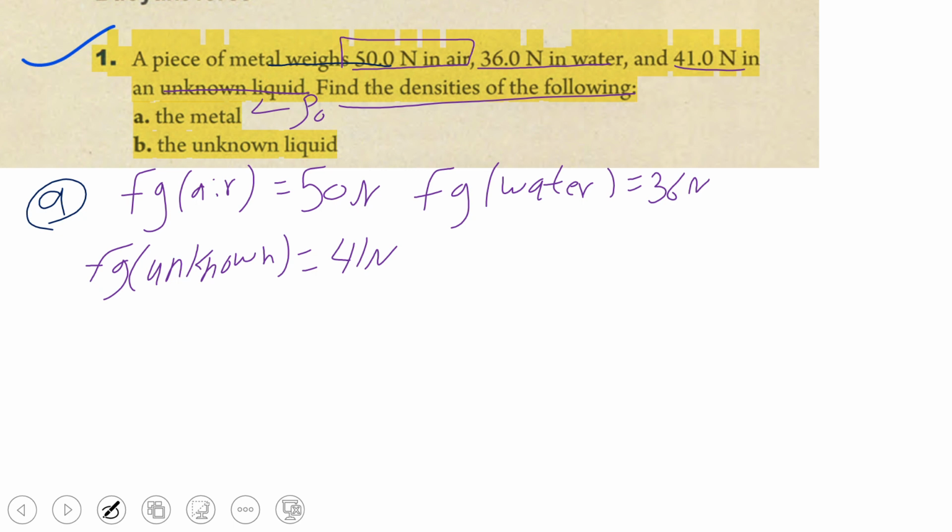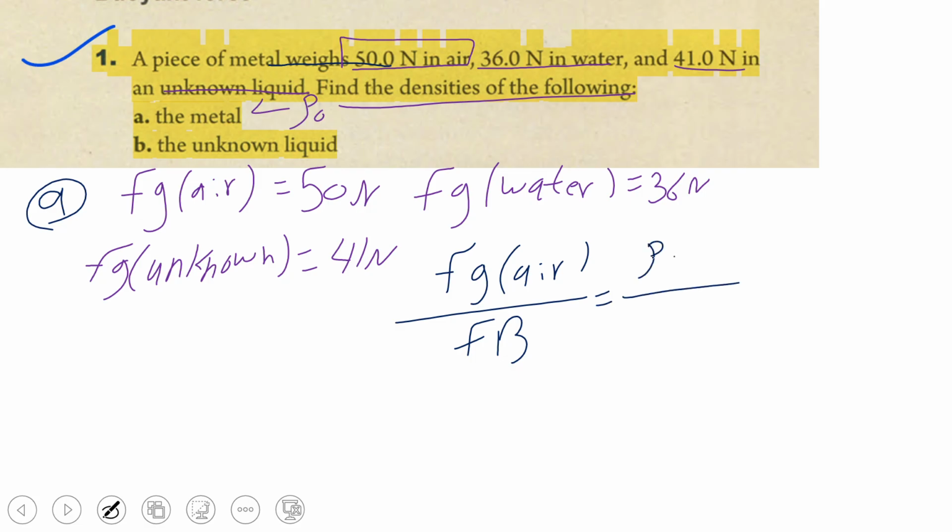Same rule. What was the rule? Fg of the object in air over the buoyant force equals the density of the object over the density of the fluid.